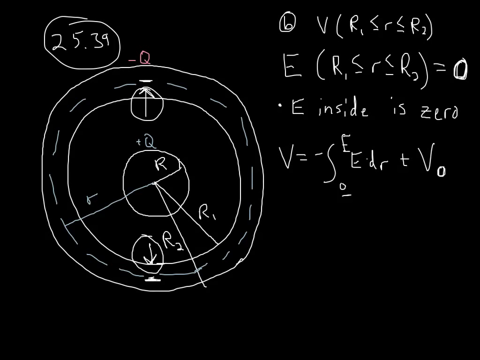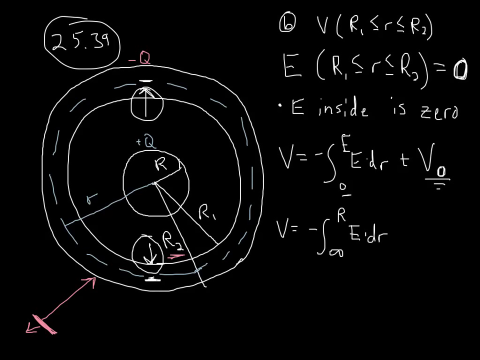If we're starting at infinity, somewhere way far out here, and I'm integrating inwards, the first surface I hit is going to be this R2. So my potential is equal to the negative integral from infinity, the reference point that I've chosen, to R2 of E dot dr.